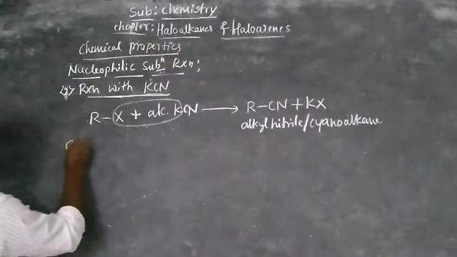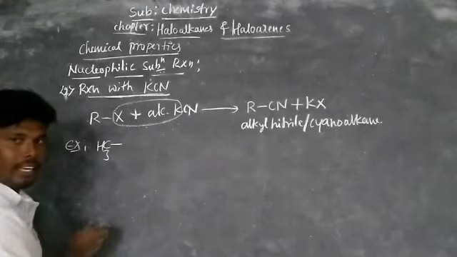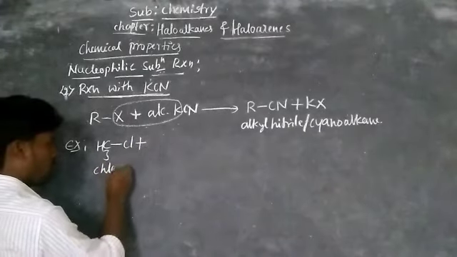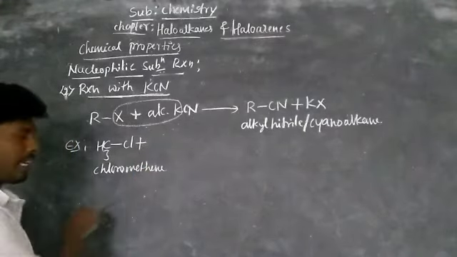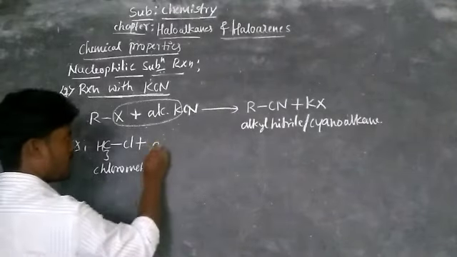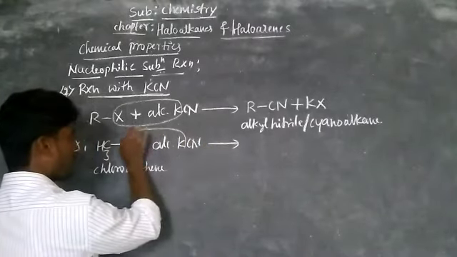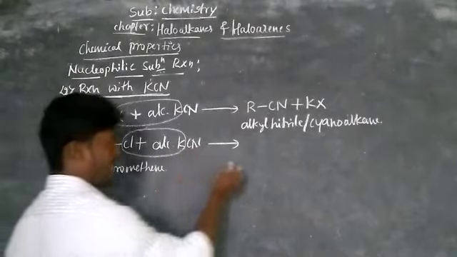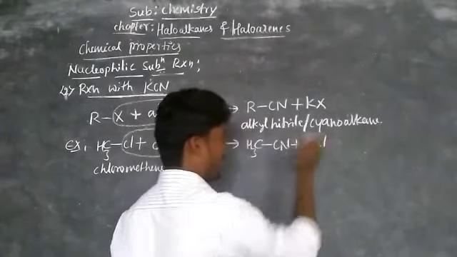Similarly, now take an example: in place of R take methyl, that is CH3, and in place of X take chlorine, that is chloromethane. I hope there is no need to write the name every time, because you know the name of this simple compound. Chloromethane is treated with what? Alcoholic potassium cyanide. So what you get, this potassium and chlorine becomes KCl, and the resultant compound is CH3 bond CN plus KCl.